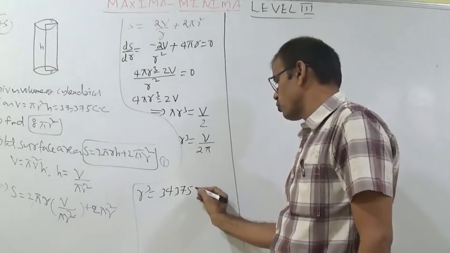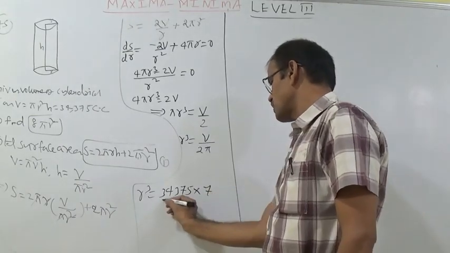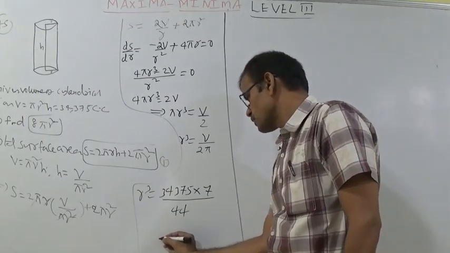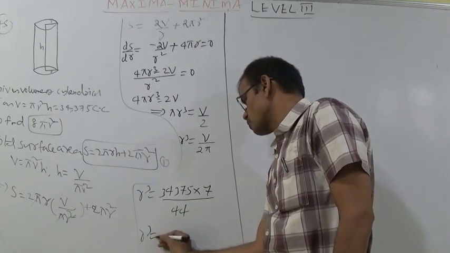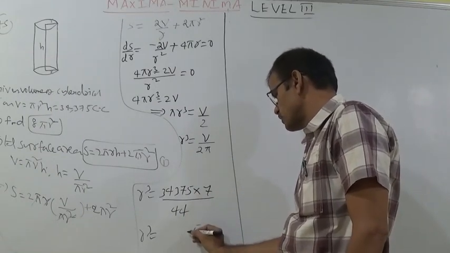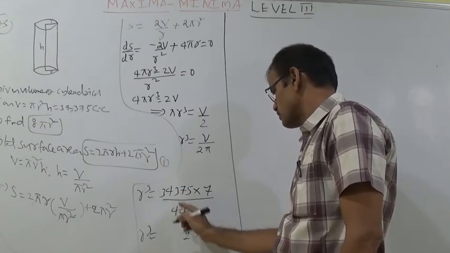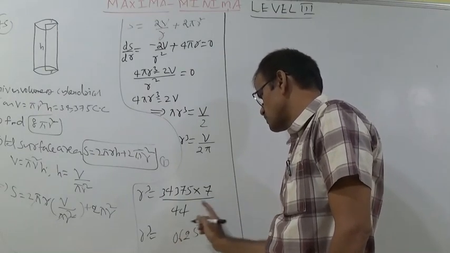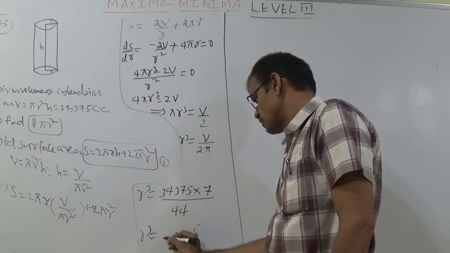So 2 pi is 44 by 7, so we can write 7 by 44. Multiplying by 7: 7 5s are 35, 7 7s are 49, and so on.